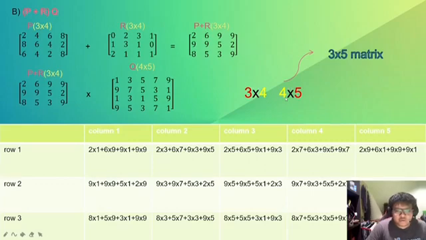So if these two are the same number, then absolutely you can just multiply it, and the answer will be the first number of matrix P plus R, and the last number of matrix Q. So it is 3 and 5. So the answer will be a 3 by 5 matrix. That is what I learned.